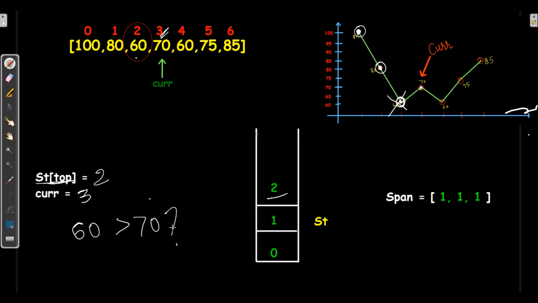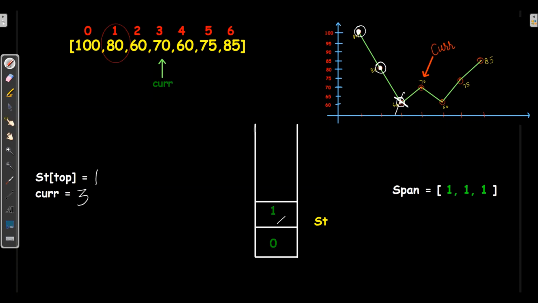No. If it is not, this second index will be popped out. After popping out the value, as we are looking for the consecutive days, it will go to the next price, which is at stack top. Stack top now is 1 and the current value is 3. So the price at stack top is 80.